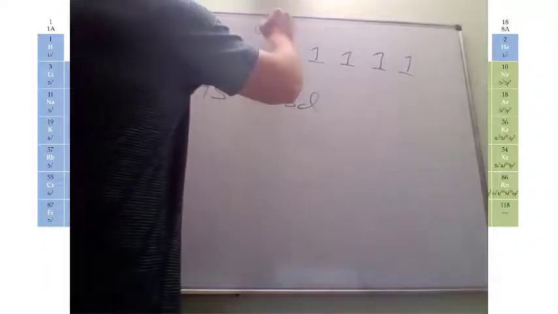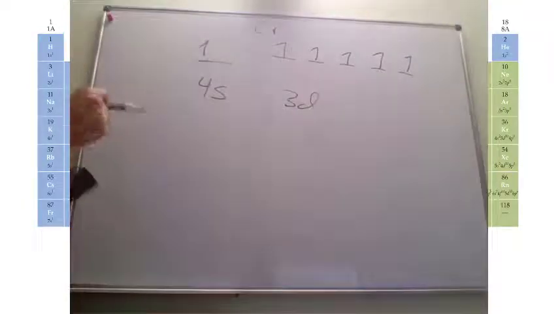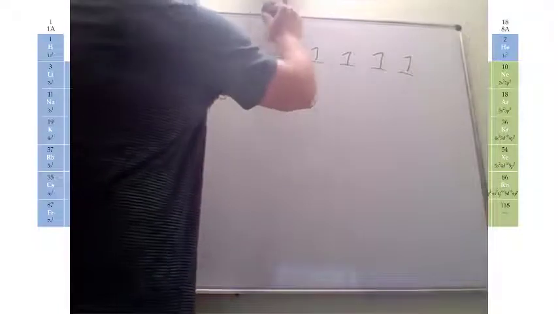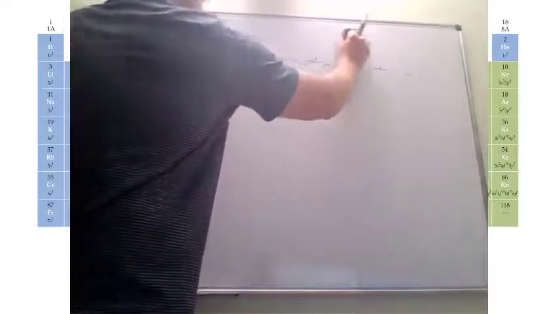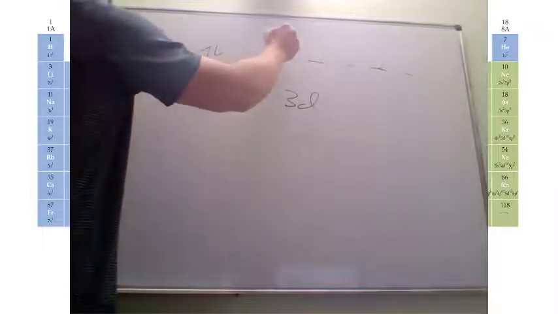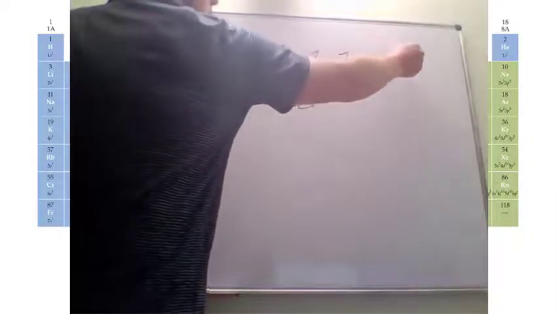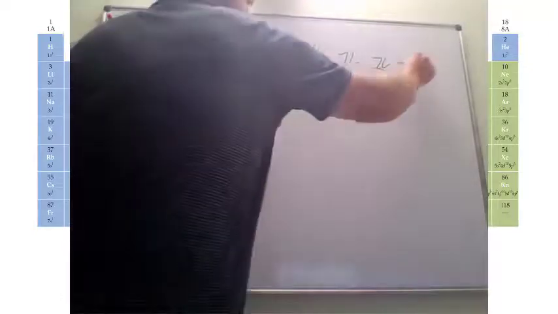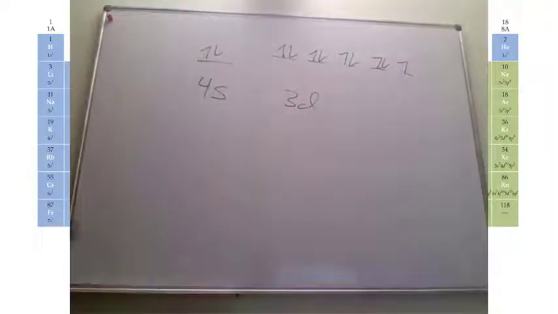This is for chromium. The next one we want to take a look at is copper. Again, we're dealing with the same 4s and 3d. We would expect copper to fill like this, with the open energy state on that last 3d orbital.